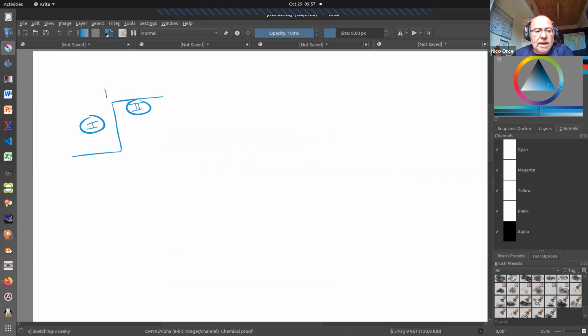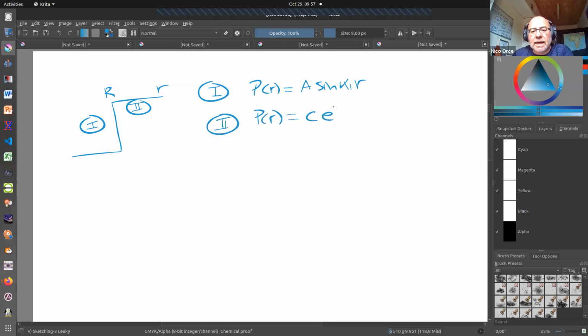And this is R. For condition 1, we have that psi of r is equal to A sine of K1r, we say, right? And for condition 2, we have psi of r equal to C e to the minus K2r.